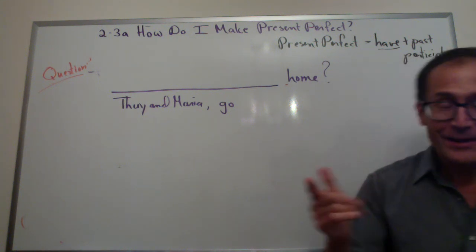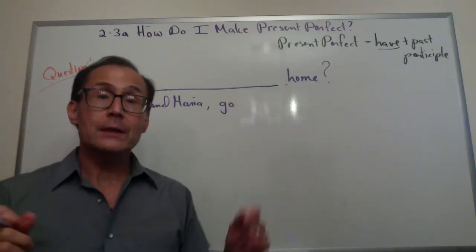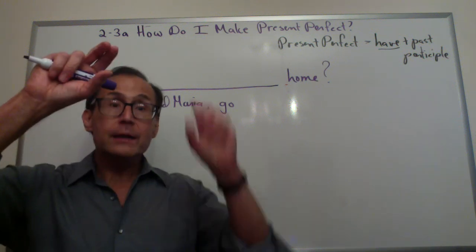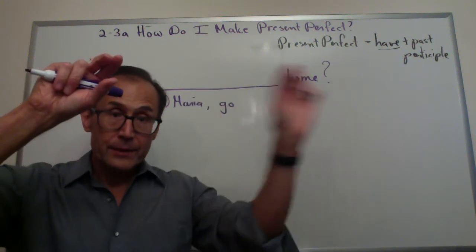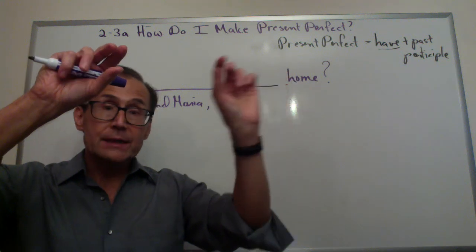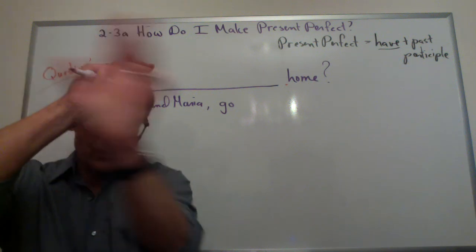Okay. You remember that the way that I make a question in present perfect, if I say, John has called me. John has called me. The way that I make a question is I take the has and I move it to the front. Has John called me?